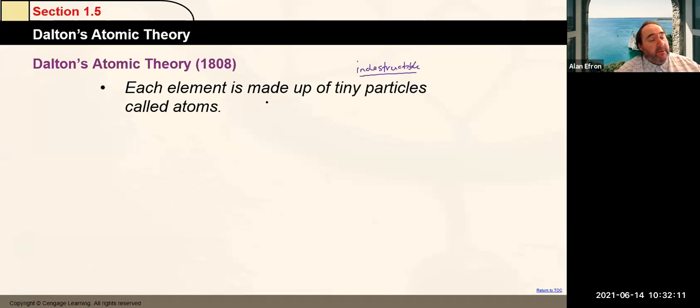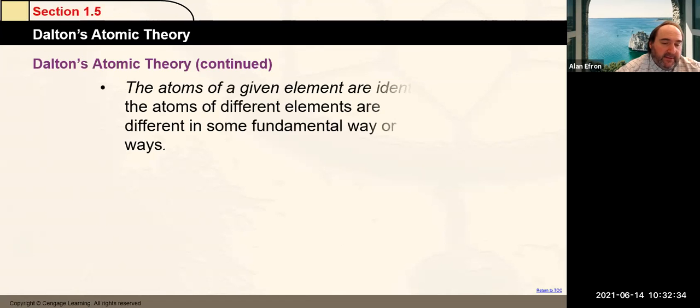But in nuclear reactions, which we don't talk about in this class, but you will talk about in 200B, we actually don't have that conservation of elements. You could change one element into another one by shooting it with some particles like neutrons, alpha particles, some type of radioactive particles. So that's one aspect of his theory that's not correct in every way.